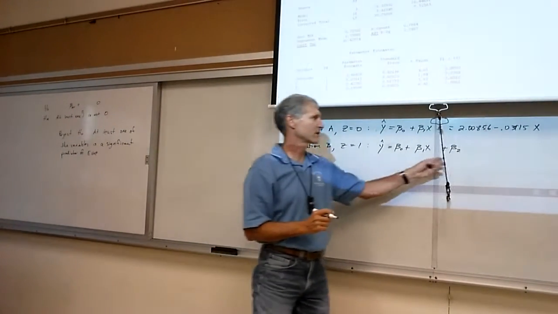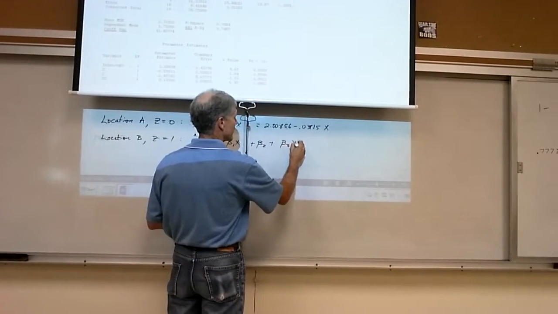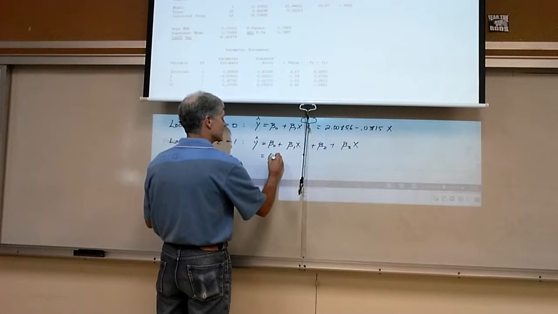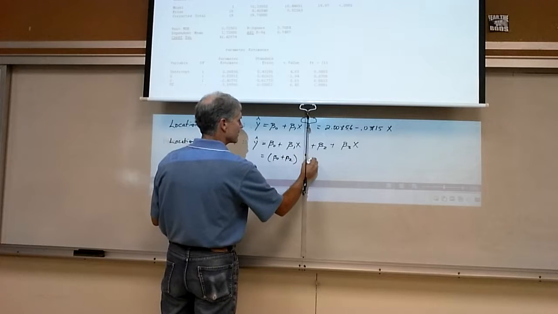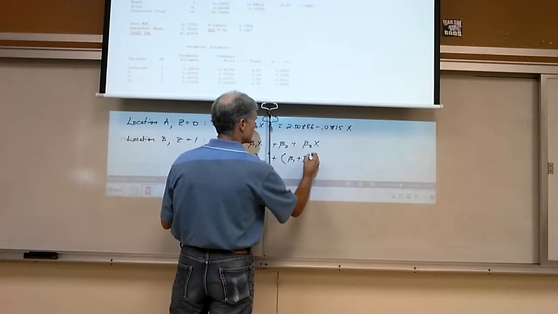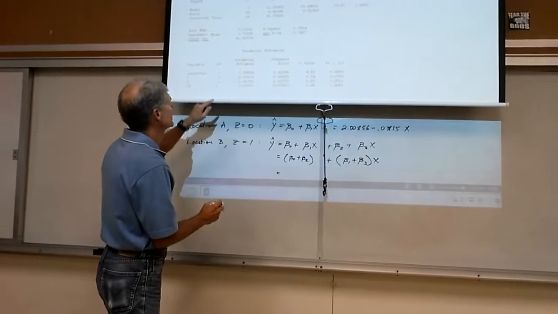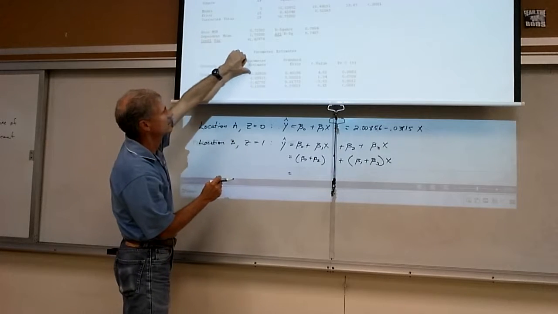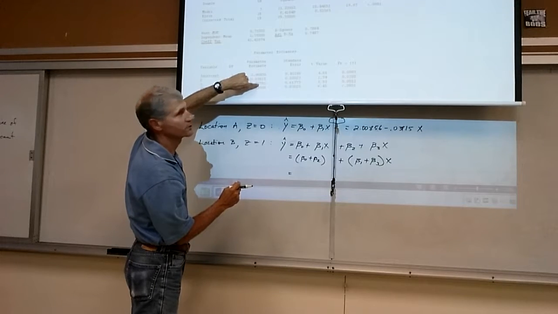Z is 1, so plus beta 2, plus beta 3x. Now I can combine like terms: beta 0 plus beta 2, plus beta 1 plus beta 3, times x. Now I fill in numbers. Beta 0 is 2.0086 minus 2.42792.